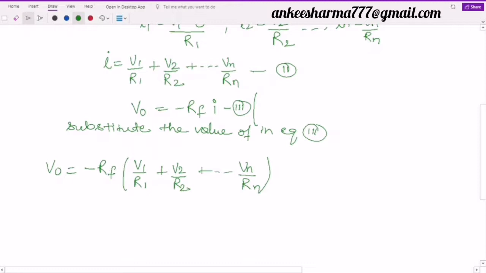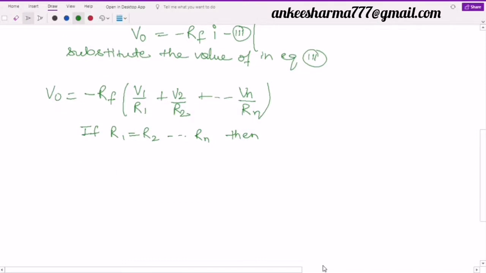Now if we look here, if I assume that my R1 is equal to R2 is equal to Rn, then what will be my value? If R1 is equal to R2 and so on equal to Rn, then my V0 will be equal to minus Rf.